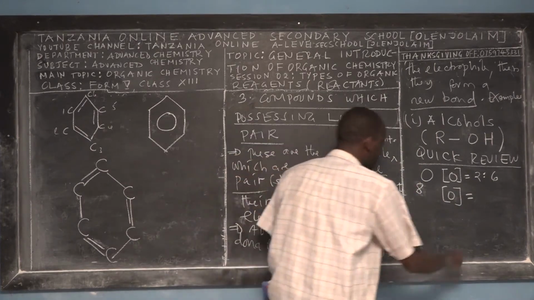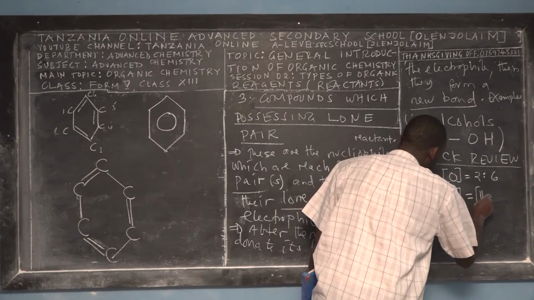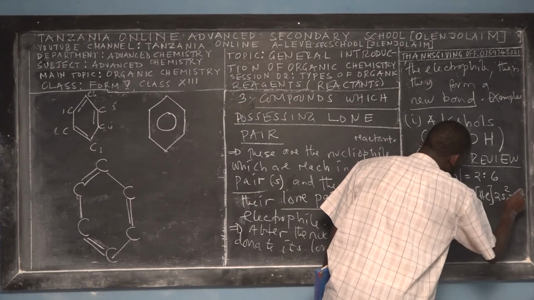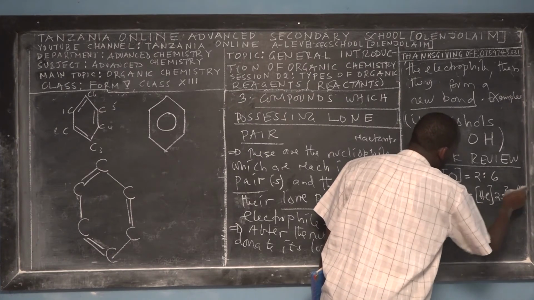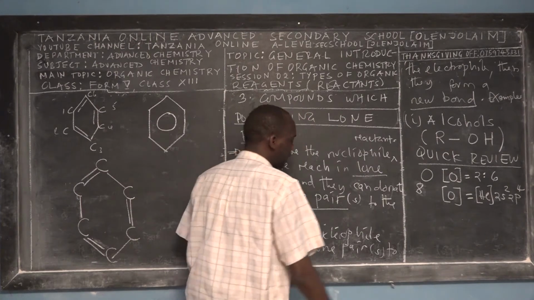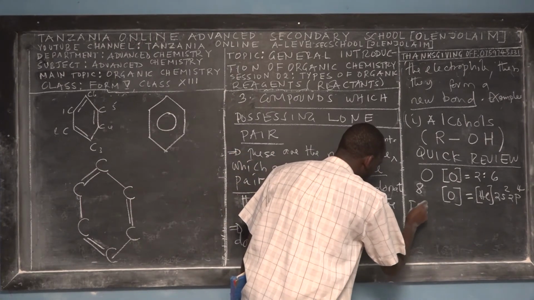If we now write the advanced electronic configuration, we say this is helium, this is 2s squared, 2p4, because 2 and 6 make 8, right? So that's one of the methods of writing electronic configuration.